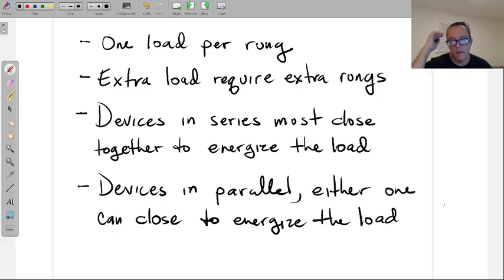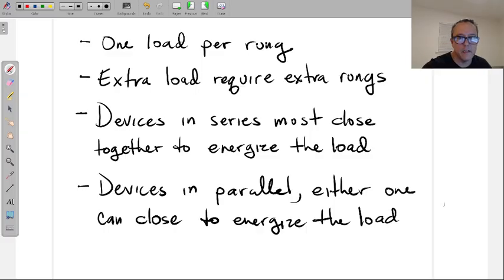Either one, because they are in parallel, one over the other, independent of each other. If you put things in series, they now depend on each other. For me to receive electricity, that has to close, then I close, then they close, and so on. We are all dependent on each other to get power over to the load.